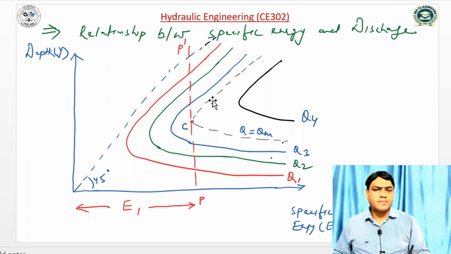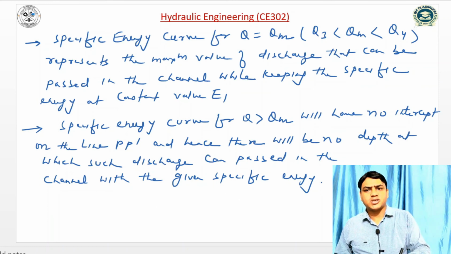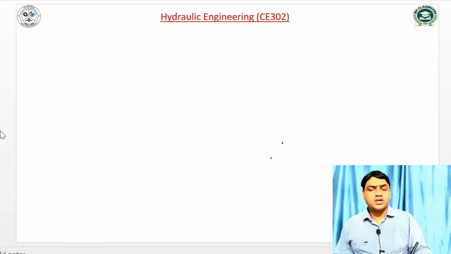This is the maximum possible discharge in a channel. The specific energy curve for Q greater than Qm will have no intercept on the line PP dash, and hence there will be no depth at which such discharge can pass in the channel with the given specific energy. So what is the condition for the maximum discharge in a channel for a given specific energy?